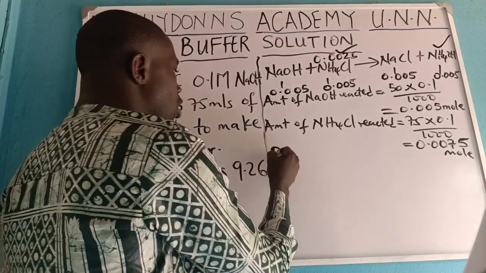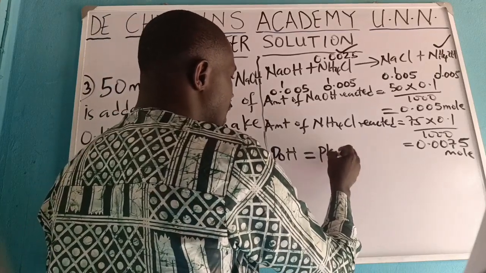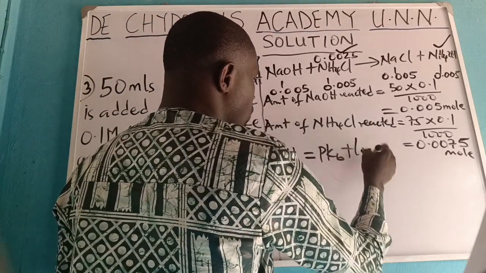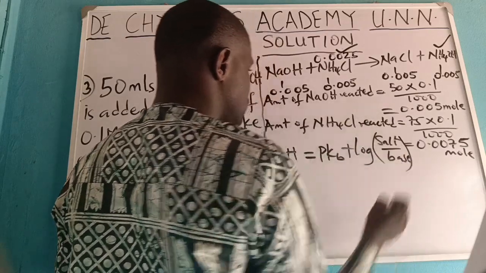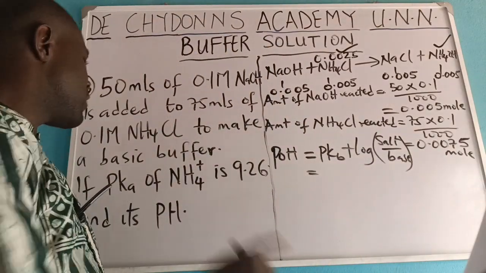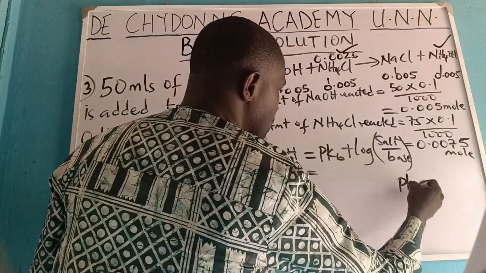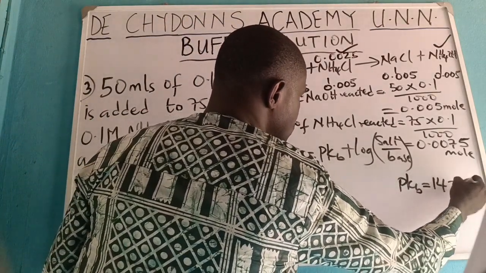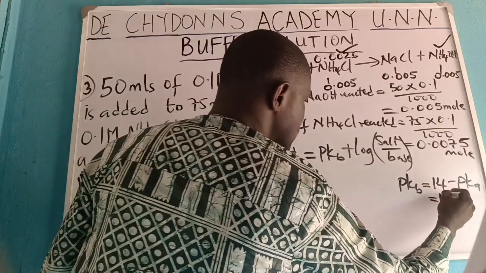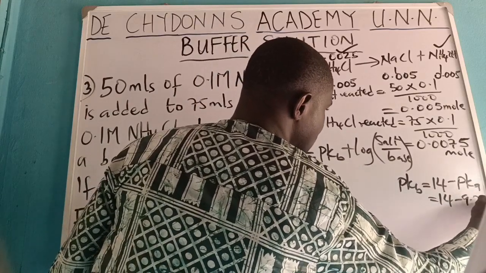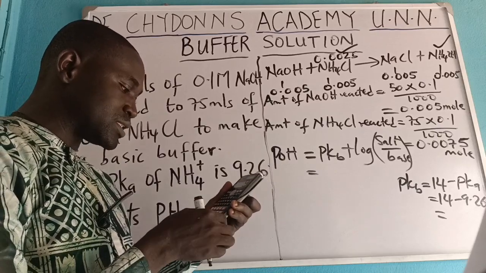And we said we will be talking about a base and its conjugate acid because it produces a basic buffer. We say pOH of a basic buffer is equal to pKb plus log of salt over base. Now, when we are not given pKb, we are given pKa. And we noted that pKb equals 14 minus pKa. That means 14 minus 9.26.